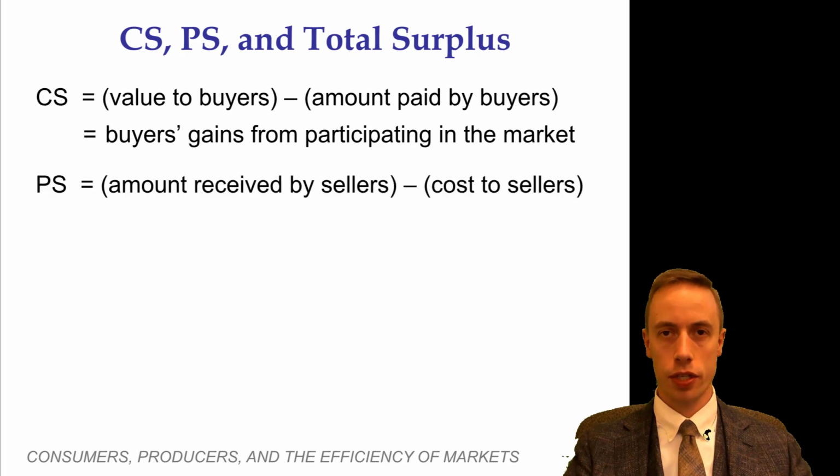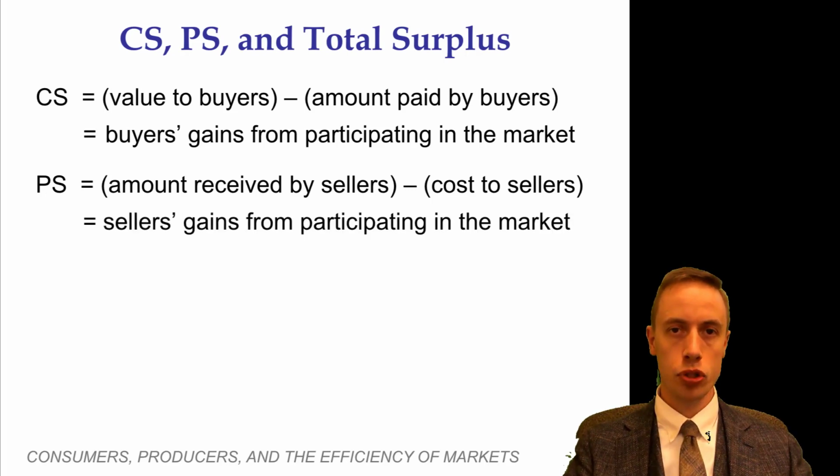The second concept was producer surplus. It's the difference between what the sellers receive for the product and their cost, which is a measure of their willingness to sell. It represents their benefit from participating in the market.